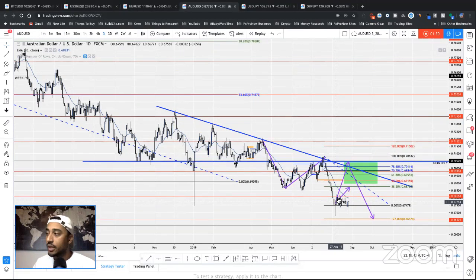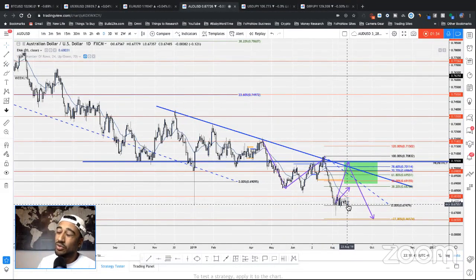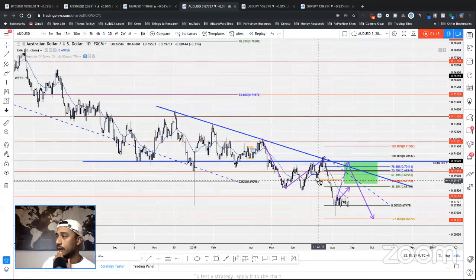Anyway, as you can see, price is really consolidating hard. And what's so crazy is the fact that the Australian government just added in a new, you can call it like a president. And this happened somewhere in this region over here, beginning of July or something like that.